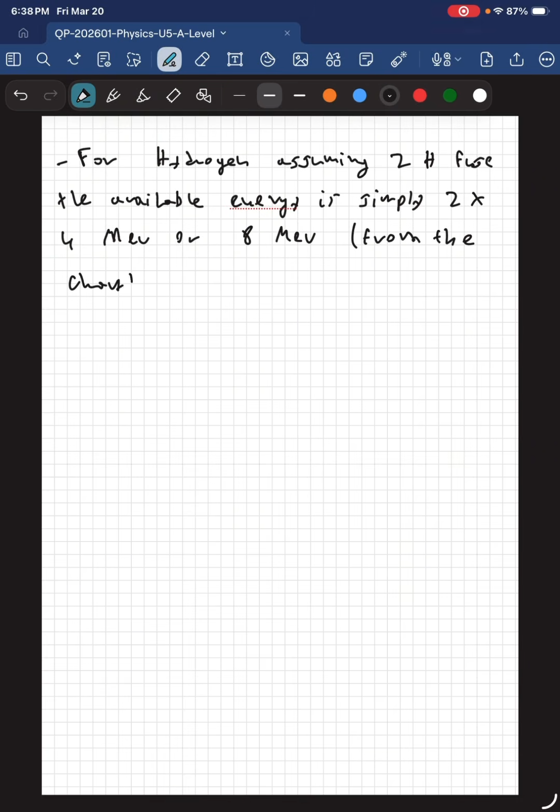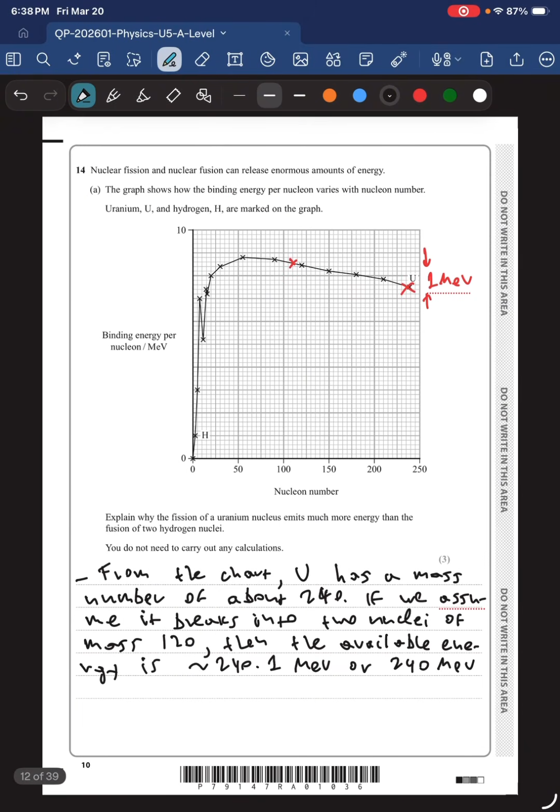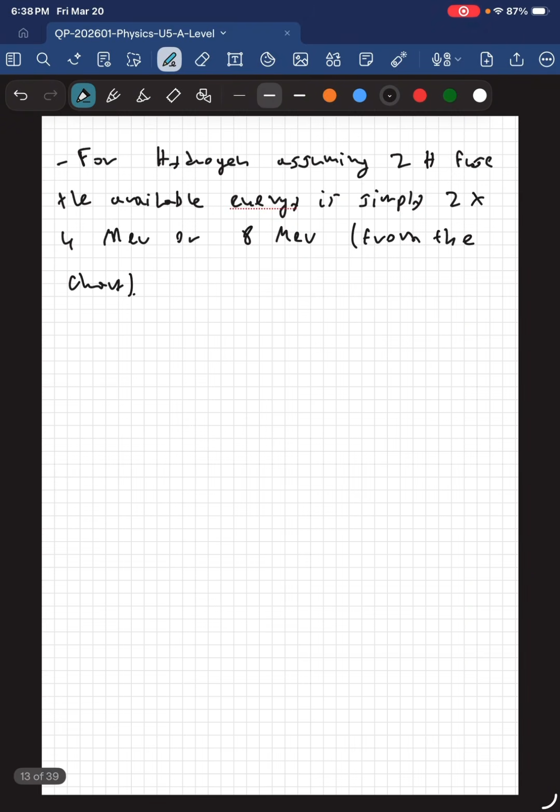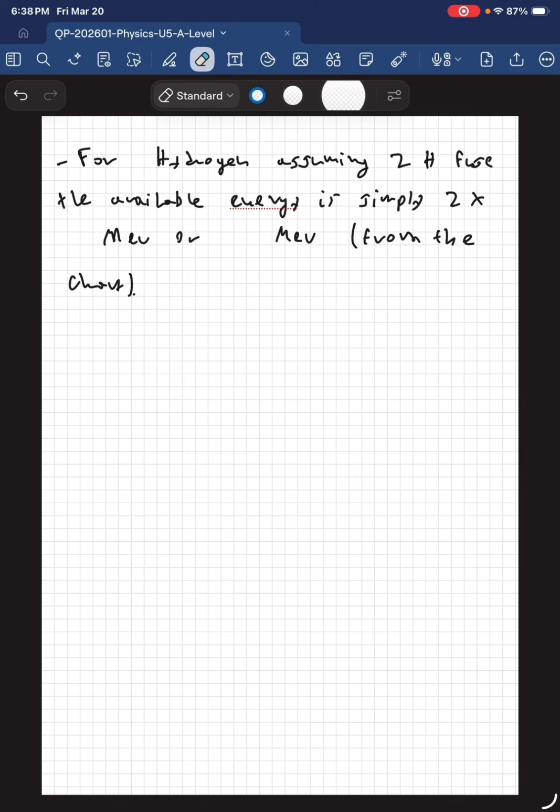Okay, and let me go to the chart and explain. So this is hydrogen, okay? And if you fuse 2 of them, you're gonna come up here, okay? So the available energy is about, it's even less. I wrote 4, it's about 2 MeVs, okay? So actually we can erase this and say 2 or about 4 MeVs from the chart.